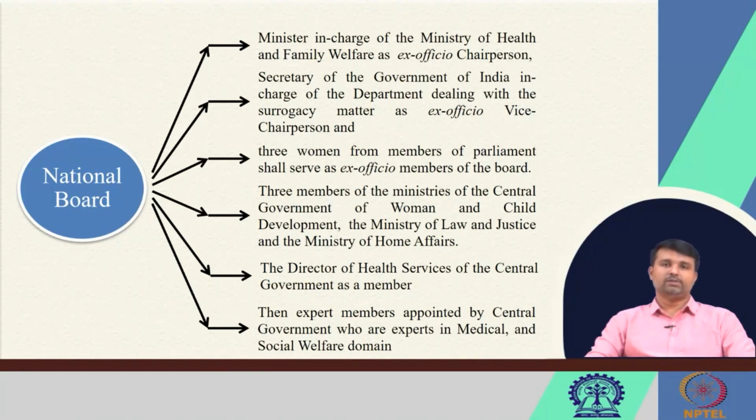There will be representatives from 3 different ministries. They are the Central Government Ministry of Women and Child Development, Ministry of Law and Justice and Ministry of Home Affairs. The Director of Health Services of the Central Government will also be a member of the National Board. Then there will be expert members appointed by the Central Government who are experts in the medical and social welfare domain.